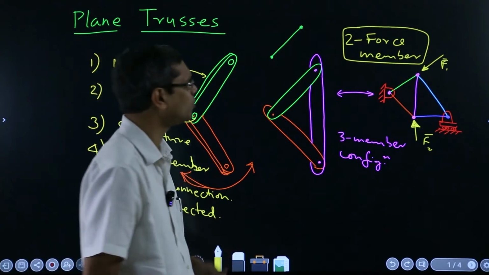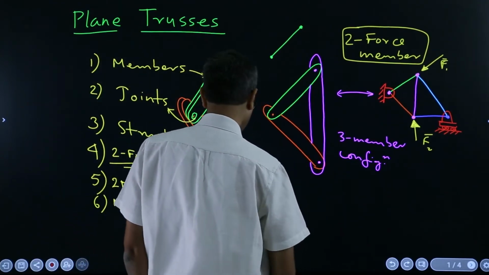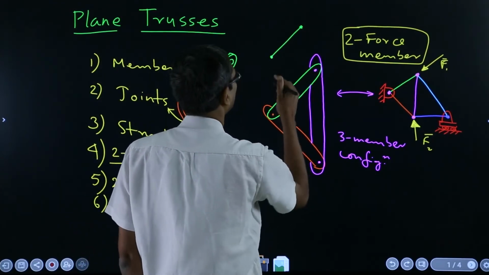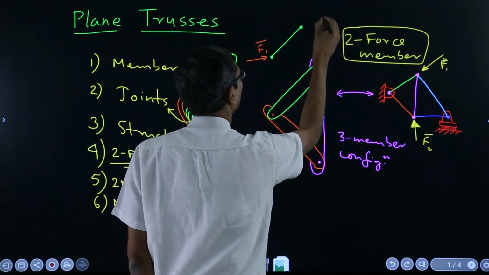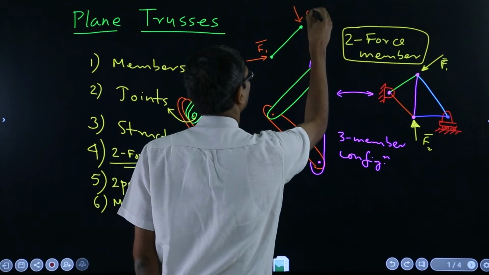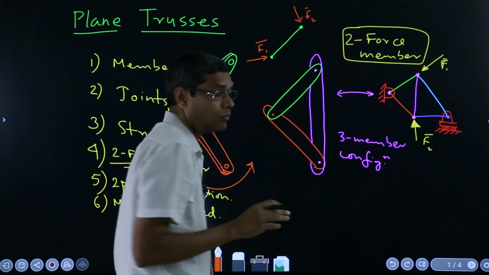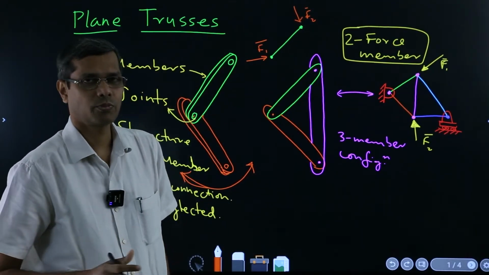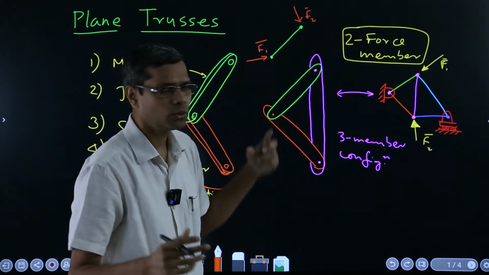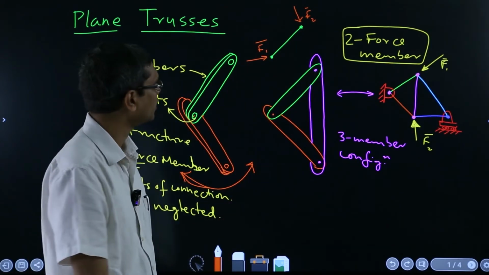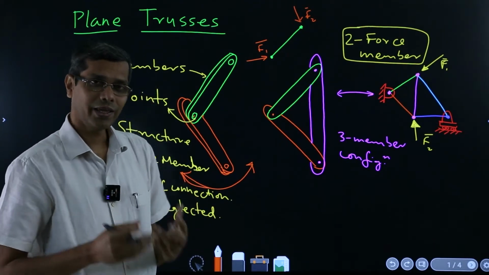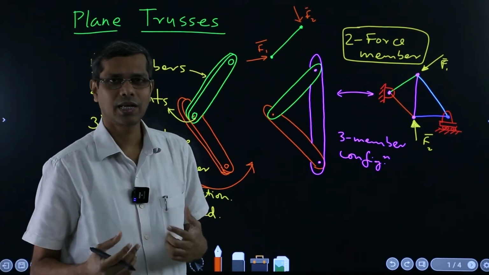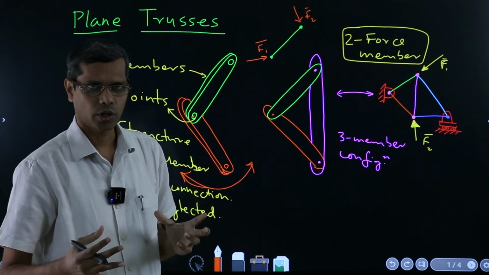So there are only 2 forces which can come onto this member. Now suppose this is one force F1 and say this is another force F2, and no other moment or any other force there is possibility of coming, because these are the only 2 joints to the total system. Now if there are only 2 forces which can come, then what?